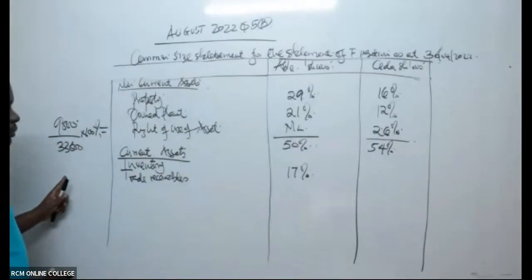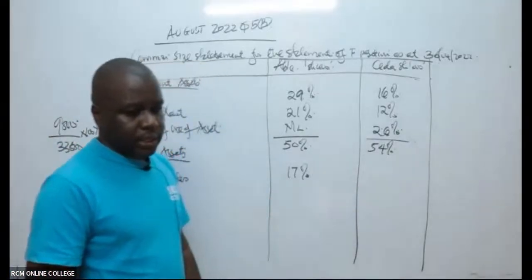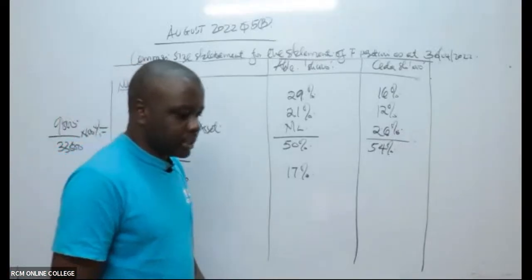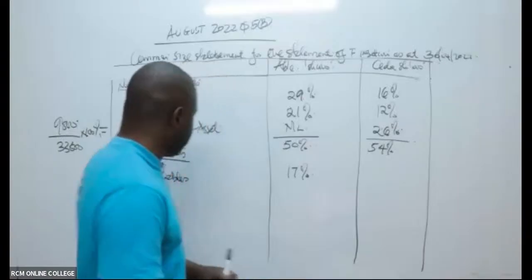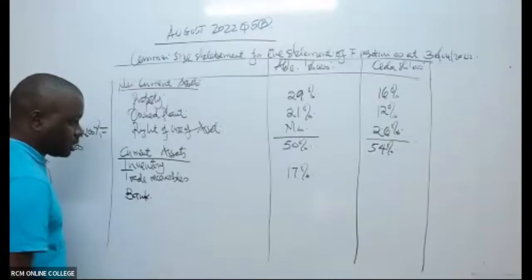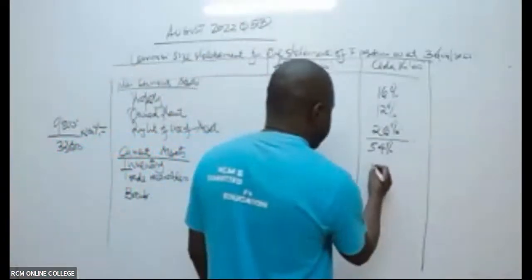What about for the other side? There you have trade receivables, and of course also bank as another item. 17.9, so that is 18%.